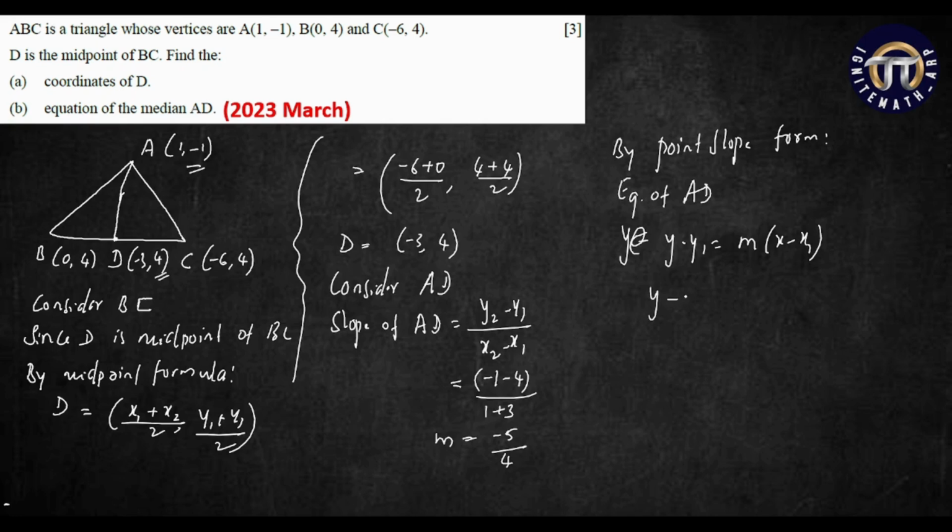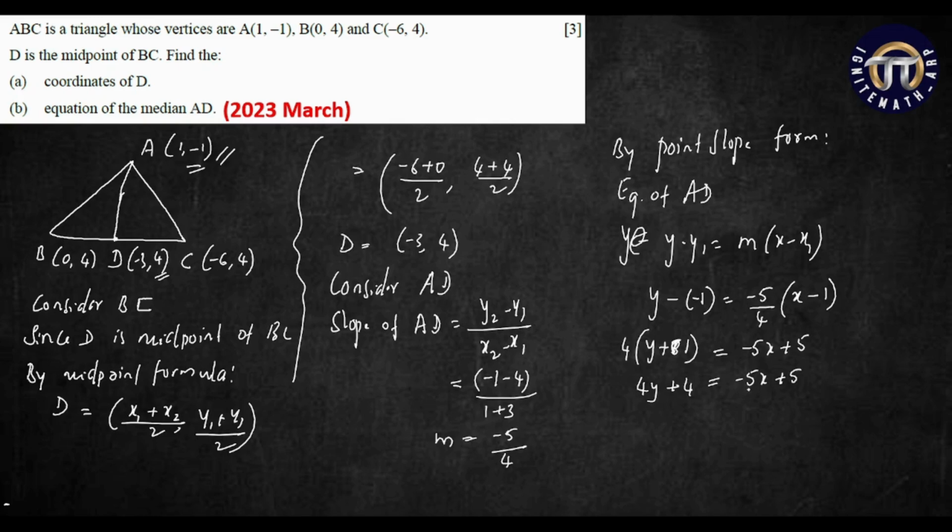Y minus y1, that is y minus of minus 1, I'll just go ahead with this, is equal to m, which is minus 5/4, times (x minus 1). So (y plus 1) into 4 is equal to minus 5x plus 5. I can write this as 4y plus 4 is equal to minus 5x plus 5.